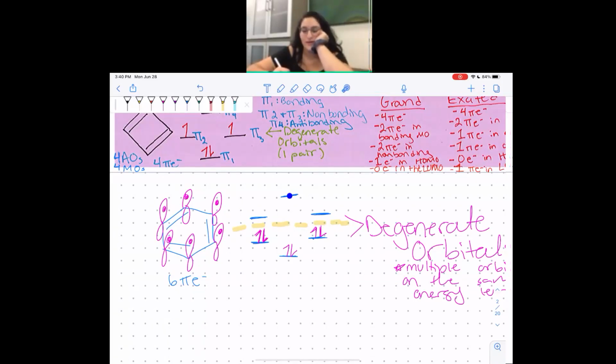We had 1, 2, 3, 4, so 2 of these levels will be bonding, 2 of these levels will be antibonding. So pi 1, 2, and 3 are bonding. Pi 4, pi 5, and pi 6 are all going to be antibonding.